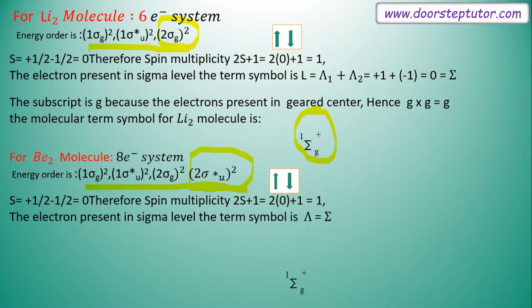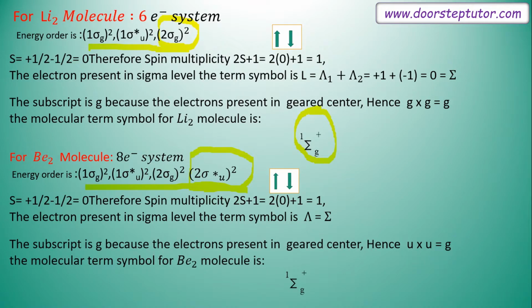Here also the electrons are paired up, so the spin multiplicity is 2 into S plus 1, that is 2 into 0 plus 1, equal to 1. The electron is present in the sigma level, so the term symbol is sigma only.